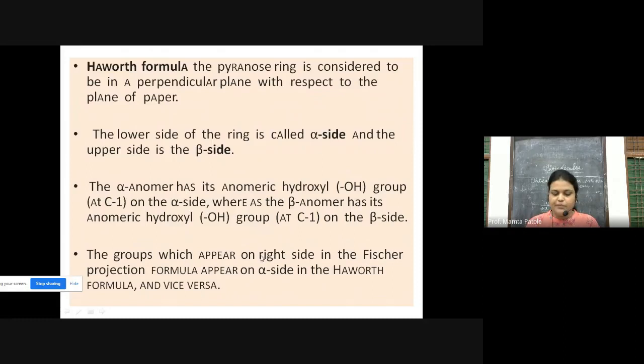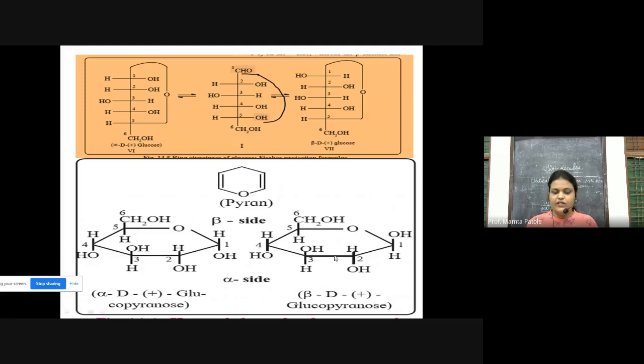The group which appears on the right side in the Fischer projection formula appears on the alpha side in the Haworth formula, and vice versa. So this is the Haworth formula. Now I'll tell you how we can draw the Haworth formula of glucose based on the Fischer formula.